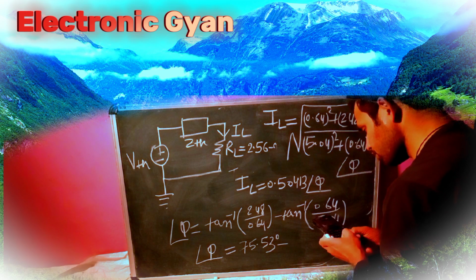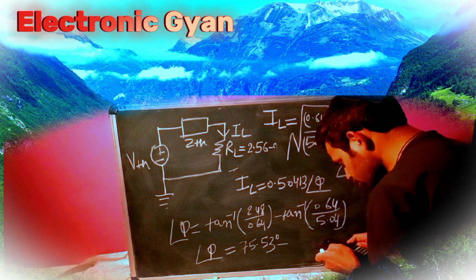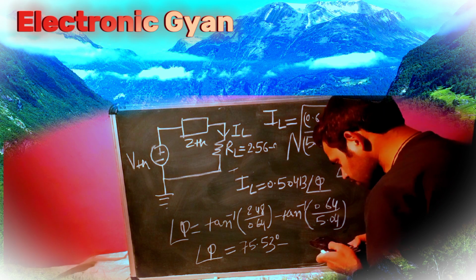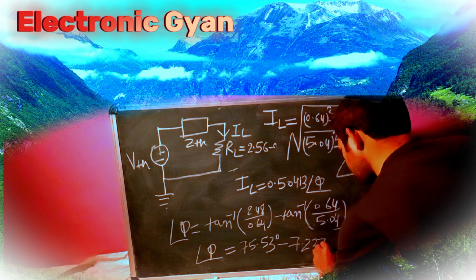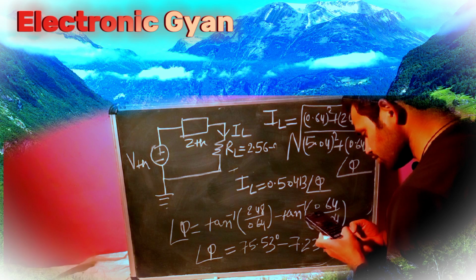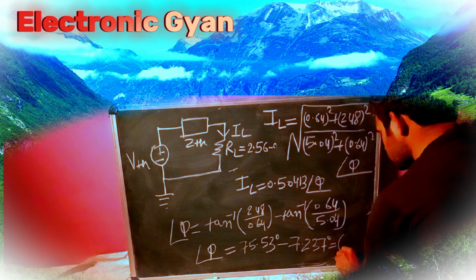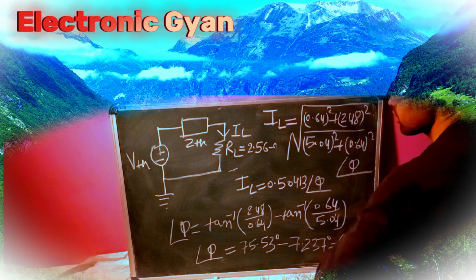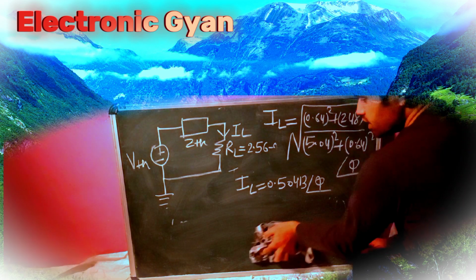And 0.64 divided by 5.04 is 0.127, so this is 7.237 degree. When we subtract 75.53 minus 7.237, it will come 68.3 degree. Yes, so this is angle phi. Therefore we get the angle 68.3.